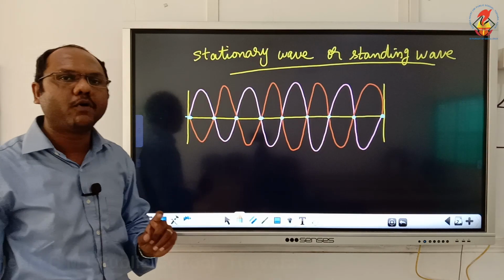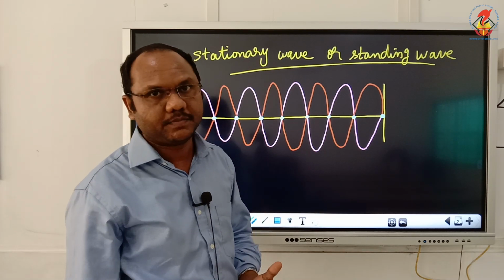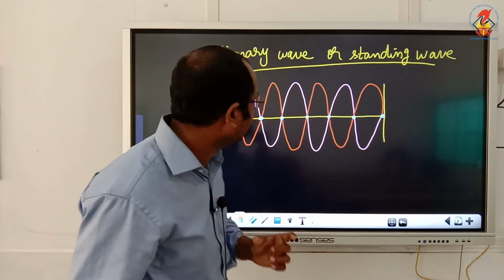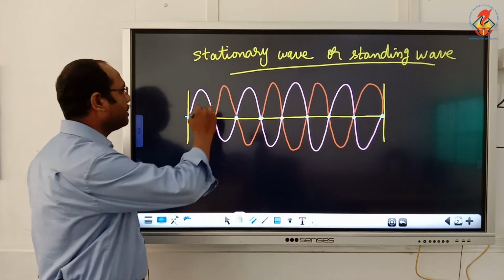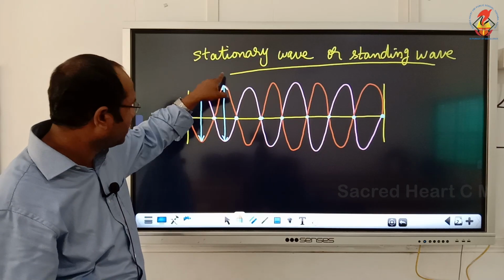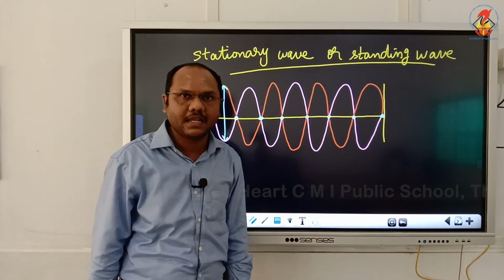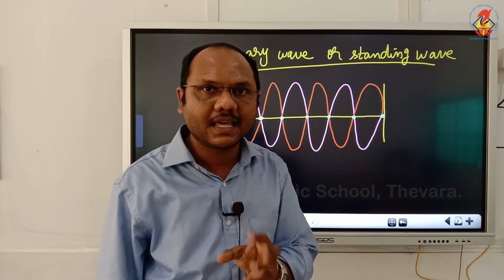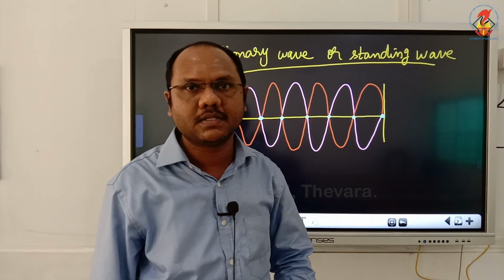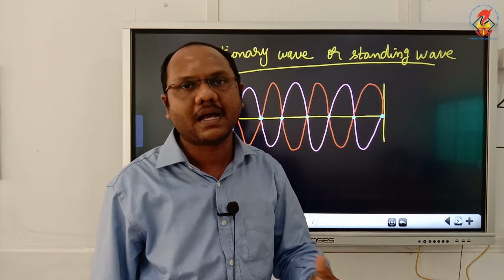So nodes are the points of 0 displacement, and antinodes mean the region having maximum displacement. This is one antinode, second antinode, third, fourth, fifth, like that. Nodes are the regions of minimum displacement, that means 0 displacement, and antinodes are the regions of maximum displacement.